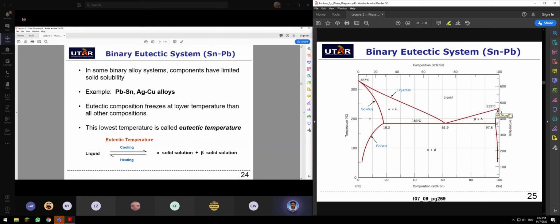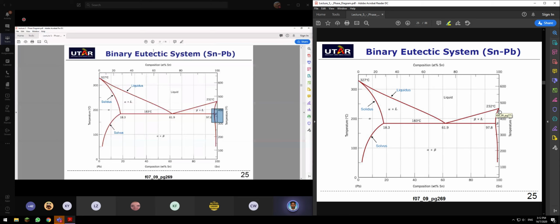Let's look at the phase diagram for the binary eutectic system here: tin-lead. When I was studying, we called it stannum and plumbum, because I studied in Bahasa Malaysia, so I get confused a lot.